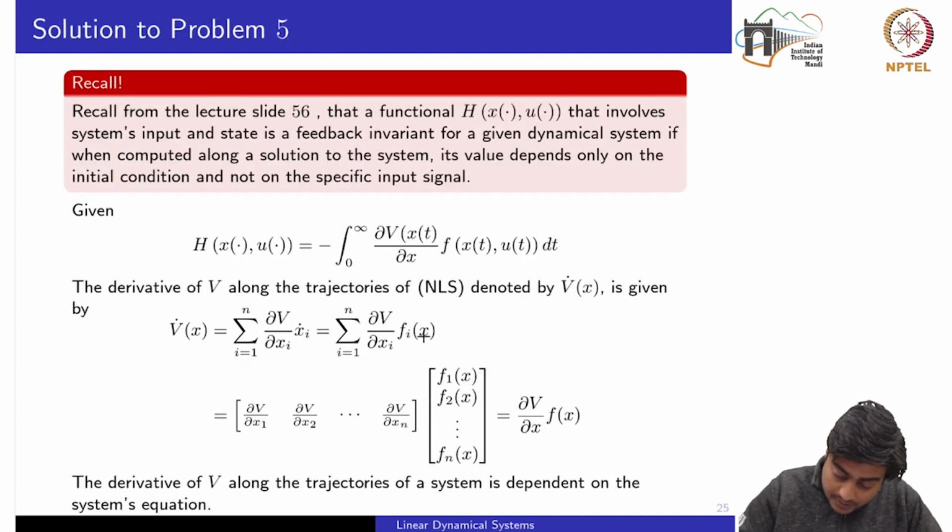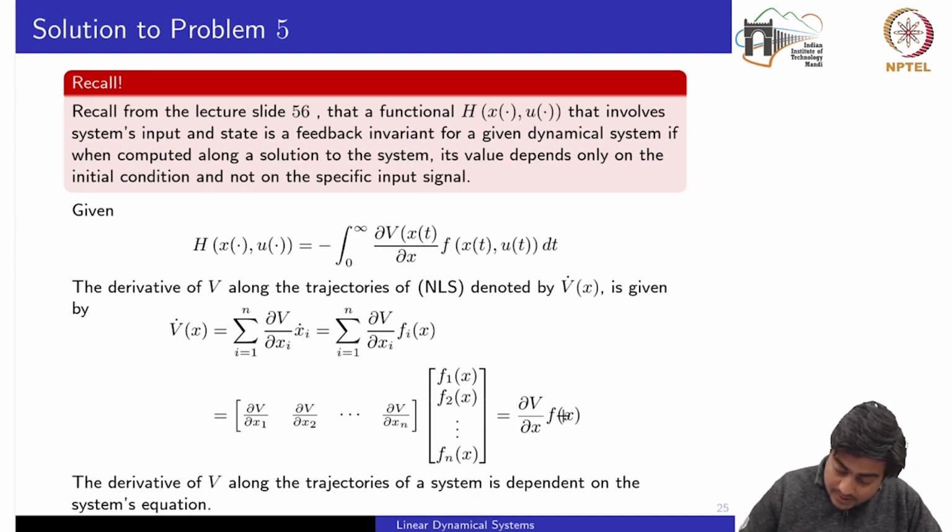We know that x dot i is equal to f_i of x, where f is a vector differentiable function. So I can represent this summation as a row vector times a column vector, which finally can be written as del V by del x dot f(x). So the derivative of V along the trajectory of a system depends on the system equation.